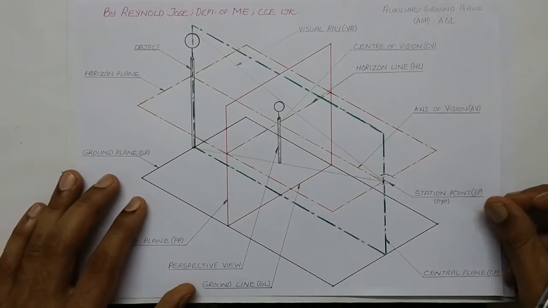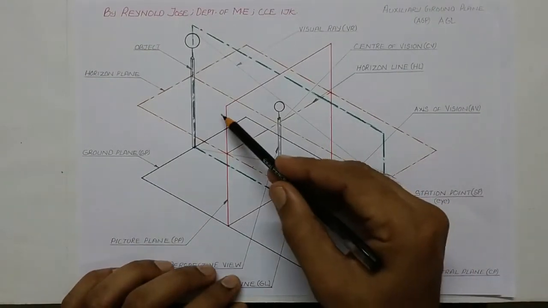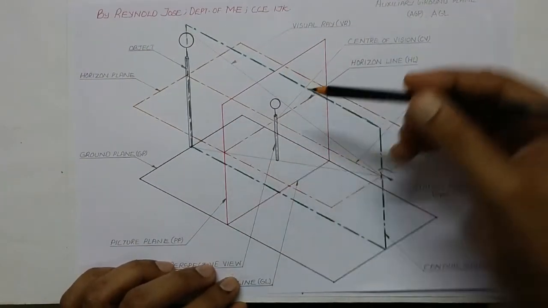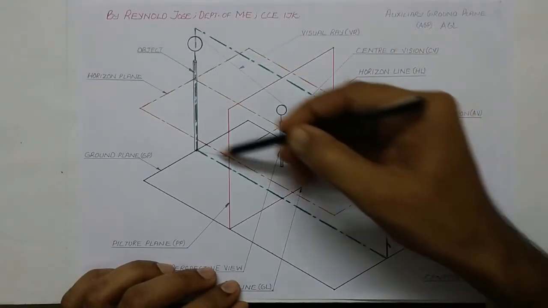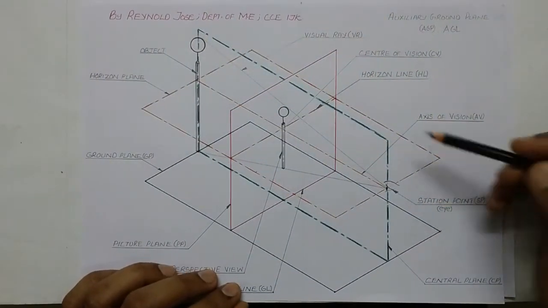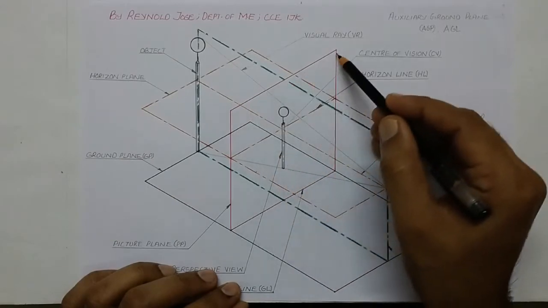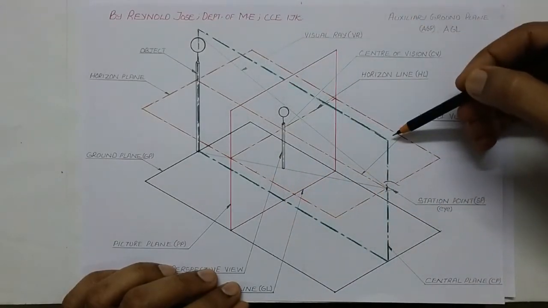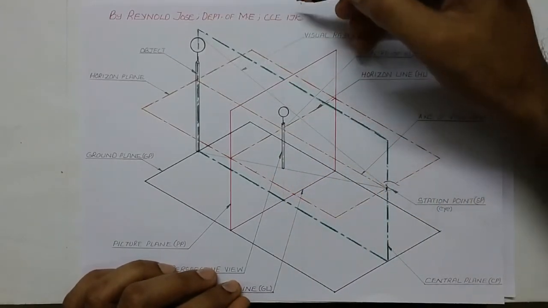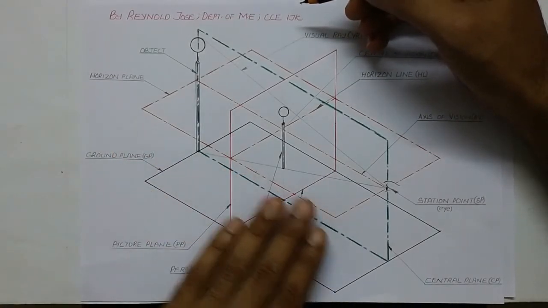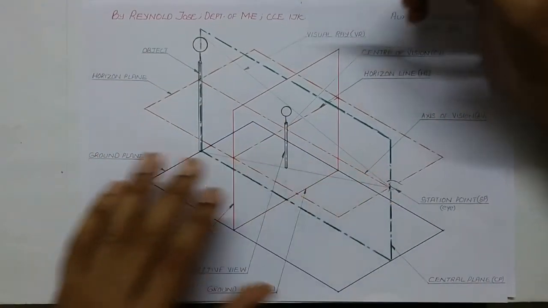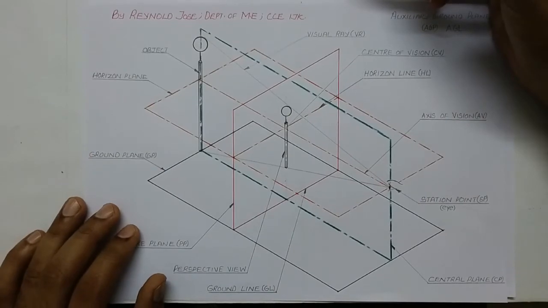So in the top view you will be able to see the picture plane as a line, and the central plane also will be visible as a line in the top view. So these two planes will be visible in the top view, whereas the ground plane, the horizon plane, etc., won't be visible in the top view.